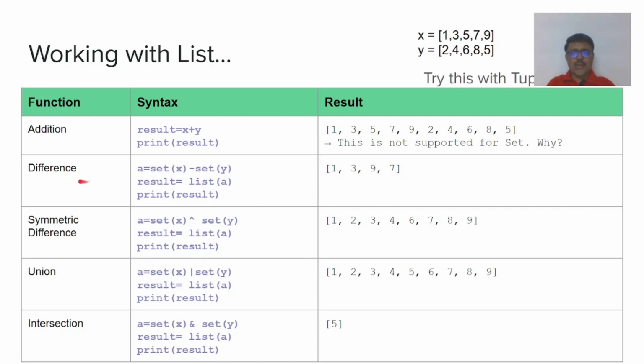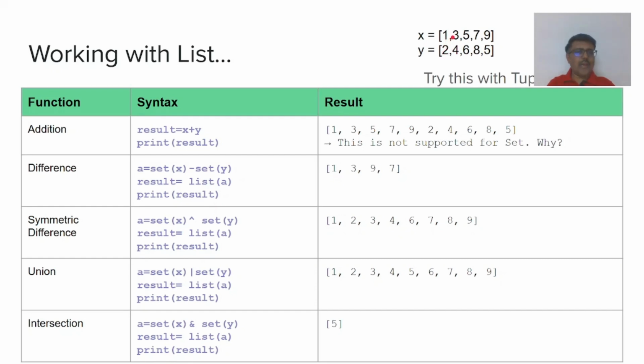Right, so now let's get into the difference part of it. What is the difference here? When you say difference, like you have X value and Y value, whatever values are not available in Y are taken from X. For example, is 2 available in X? No. So you are not considering that.